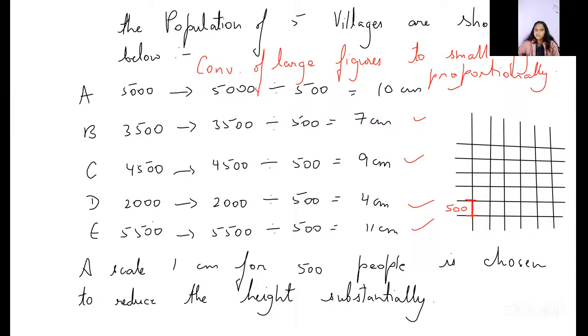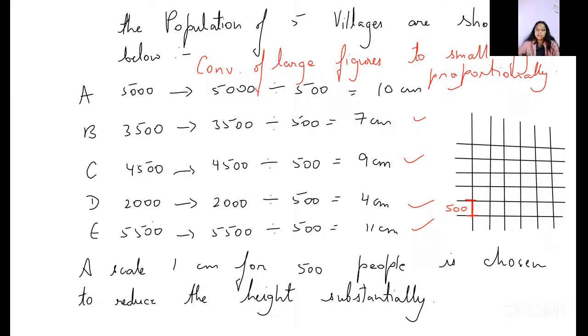So now we need to find proportionally what all this data will be if we make it in proportion to 500 centimeters. So we divided 3,500, 2,000 and 5,500 by 500.